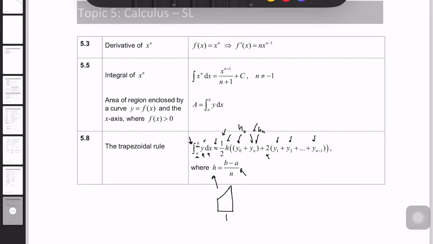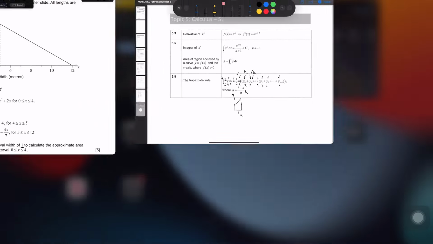There are other videos where I've gone into the trapezoid rule in a little more detail, so I think this is potentially enough. This original h is just the width of our trapezoids. This y0 and yn is the starting and ending height, and this is 2 times all of the intermediate heights. So with that being said, let's give it a try.